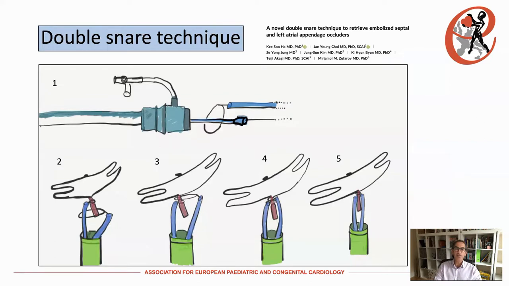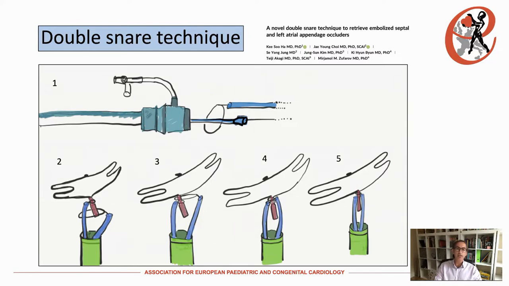Another technique to overcome this problem is the double snare technique, beautifully explained in this article from a South Korean team. The technique goes as follows. First, once the micro screw is snared with a first snare catheter, a second snare is introduced over the first one, as seen in the top image. Second, advance the second snare along the first one until it reaches the micro screw.